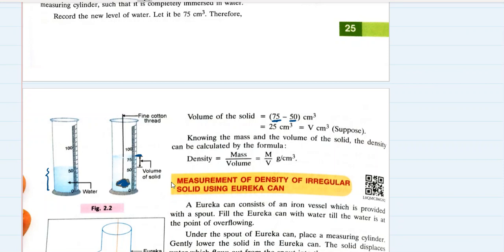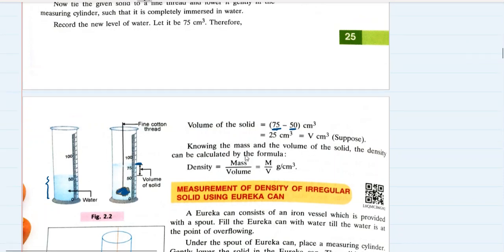So volume of solid is the difference by which the liquid has risen in the measuring cylinder. The liquid has risen from 50 centimeter cube to 75 centimeter cube, and that's why the difference in level of the liquid initially and finally before and after submerging the stone is 25 centimeter cube, and that is the volume of the unknown, irregular solid, 25 centimeter cube. Now using the formula of density is equal to mass upon volume, we can find the density of this irregular solid.